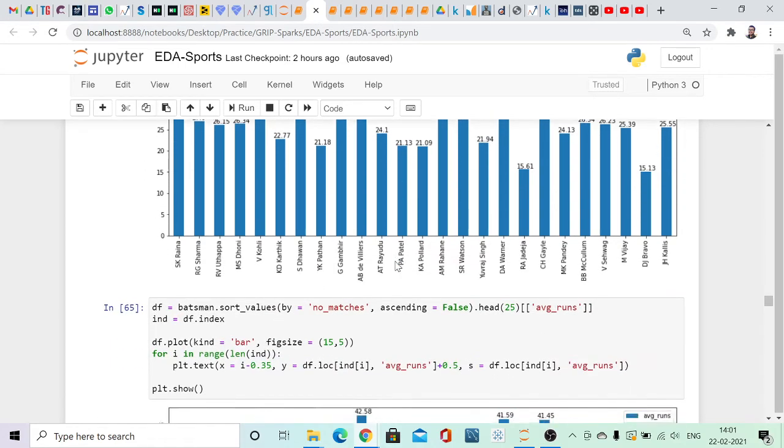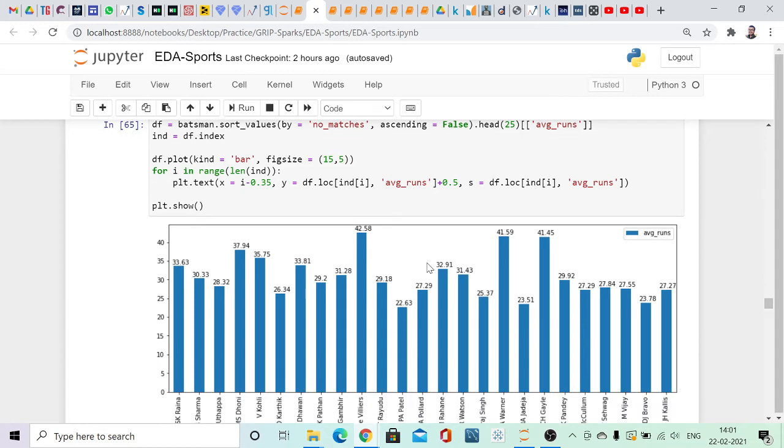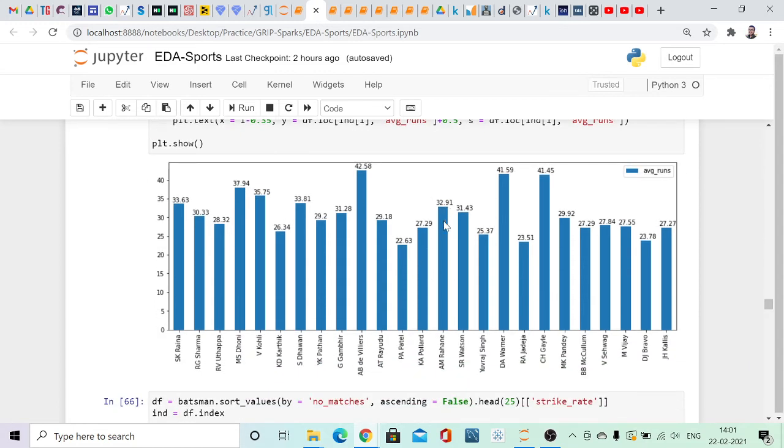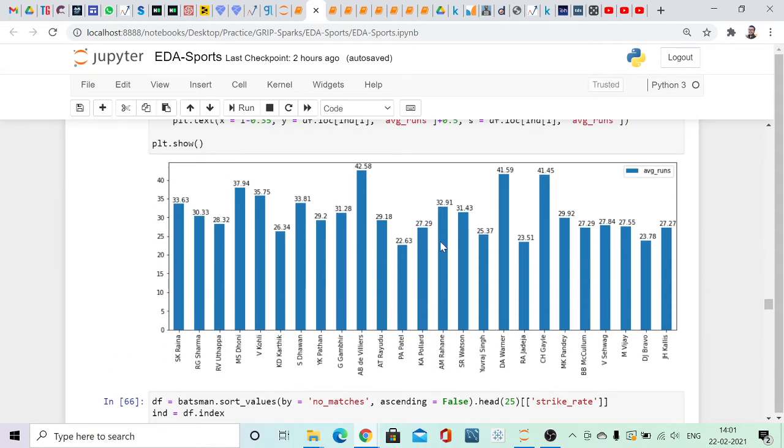Now let's also look at the average runs, which is based on total runs divided by the dismissals. Now we can see that the graph has somewhat changed because the lower order batsmen don't get out frequently and their average has been quite good.